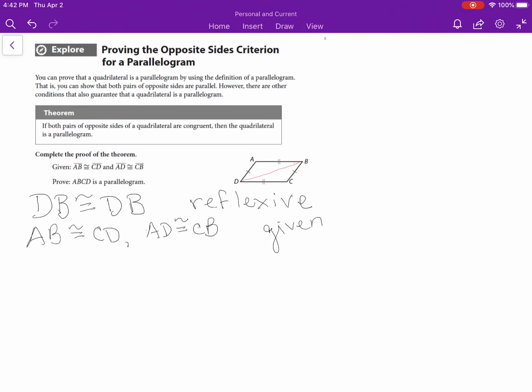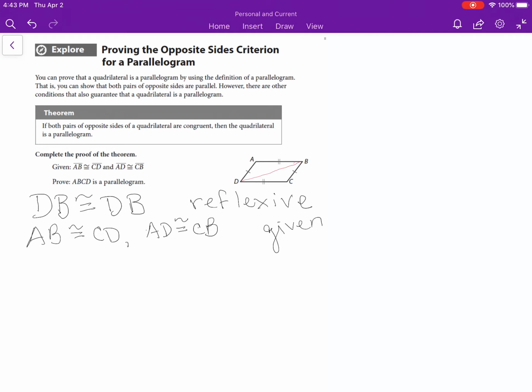Now I can see that I have two different triangles in this quadrilateral, and I know my triangle congruence tells me that I can say they are congruent by side, side, side triangle congruence.